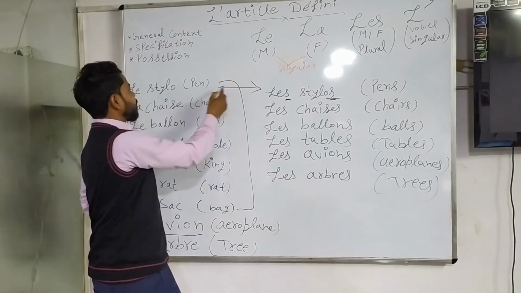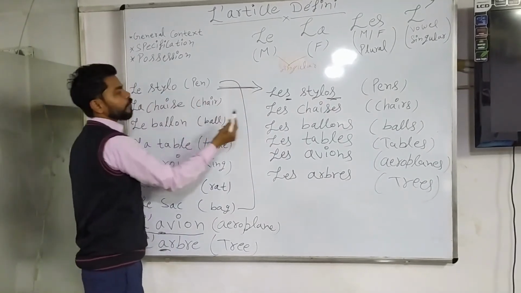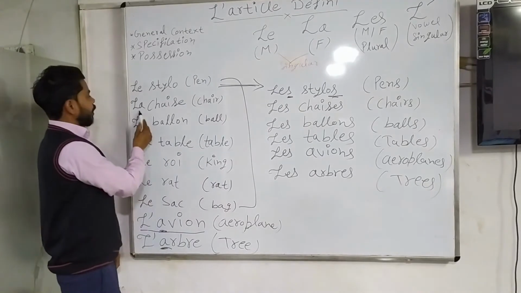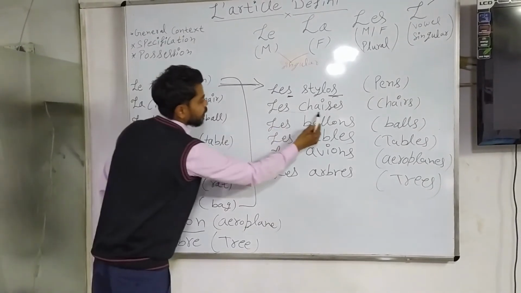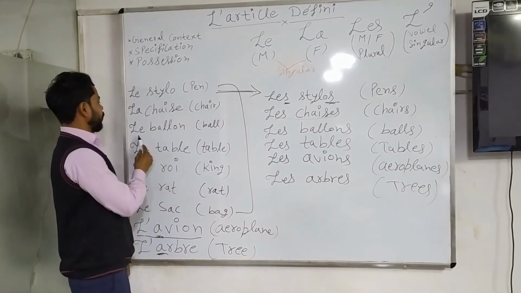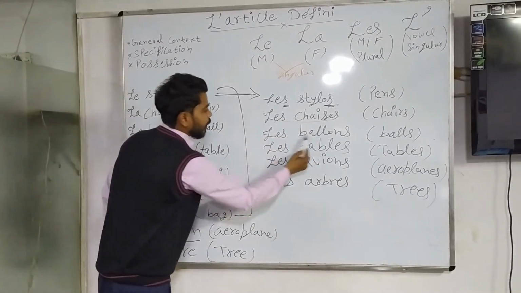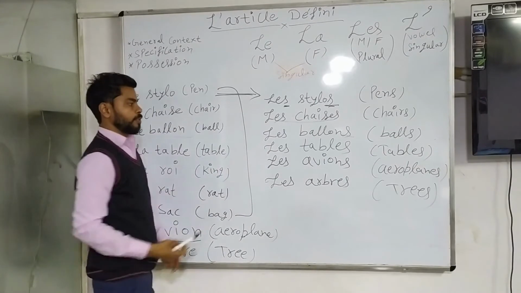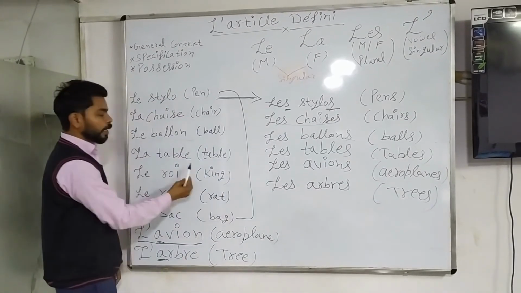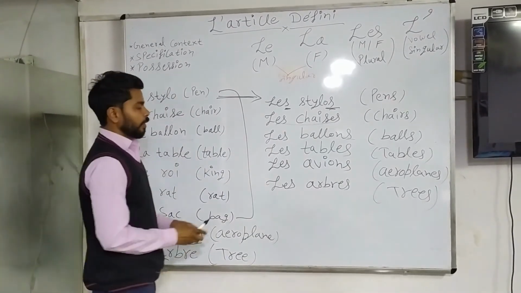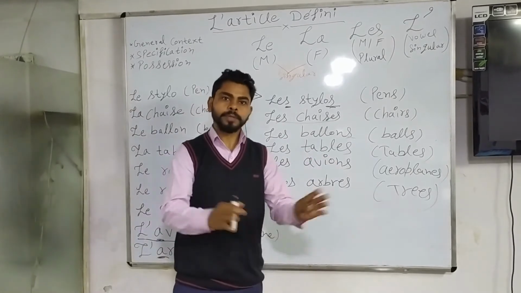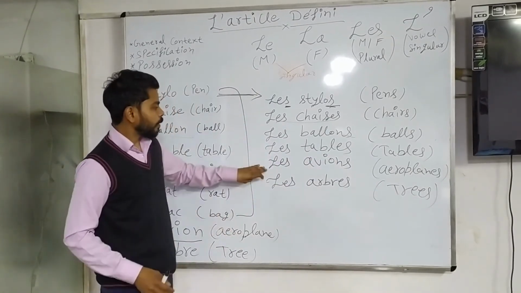La chaise singular, les chaises plural. Le ballon single ball, les ballons, balls. Then you have la table, the table. Then you have les tables, the tables.